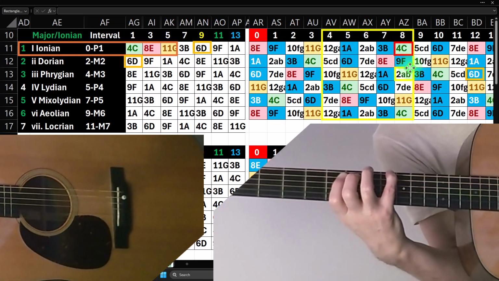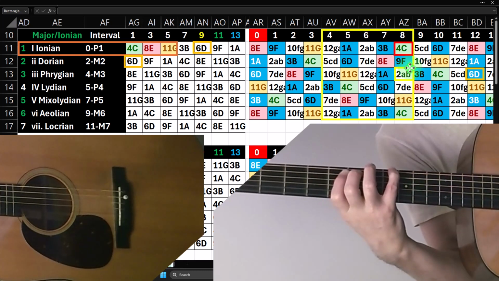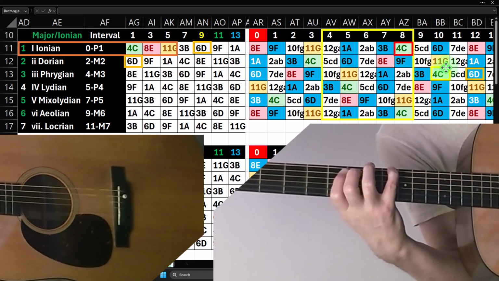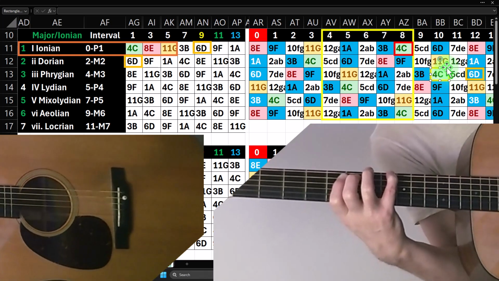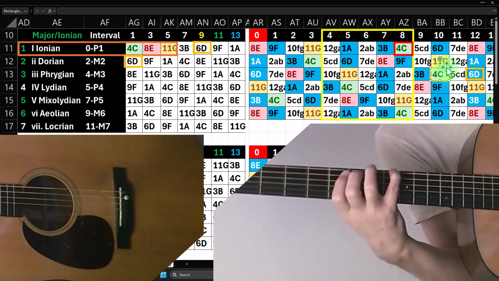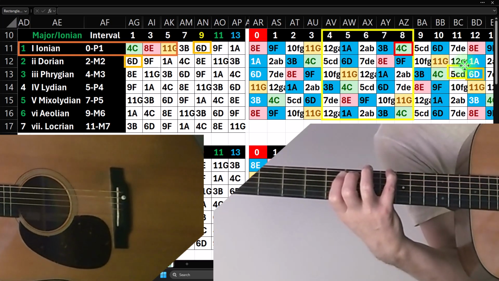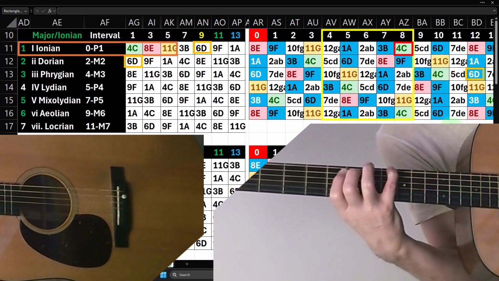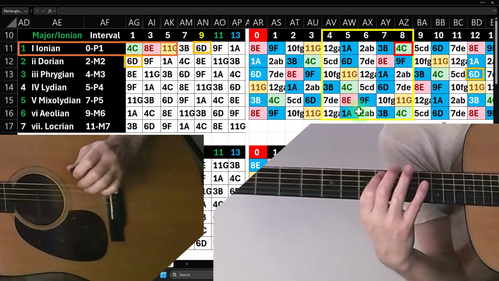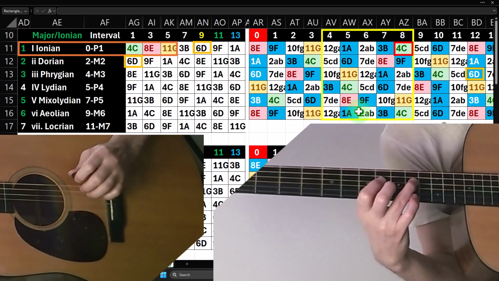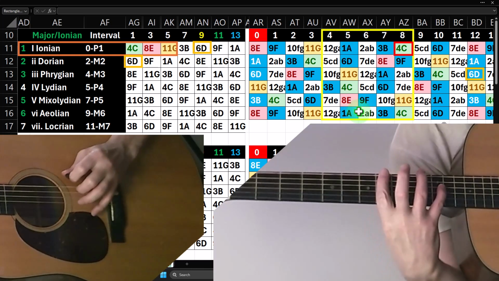So now I'm at 10. I can go either way. If I go up, I'm going to go 11, 12. Now there's only 12 notes, so I can say that is going back down to 0. That's the root again. And then 1, 2. So 2-note away major second. If I count that here, it's going to be 5, 10, 11, 12, 1, 2. So there's the D right there.